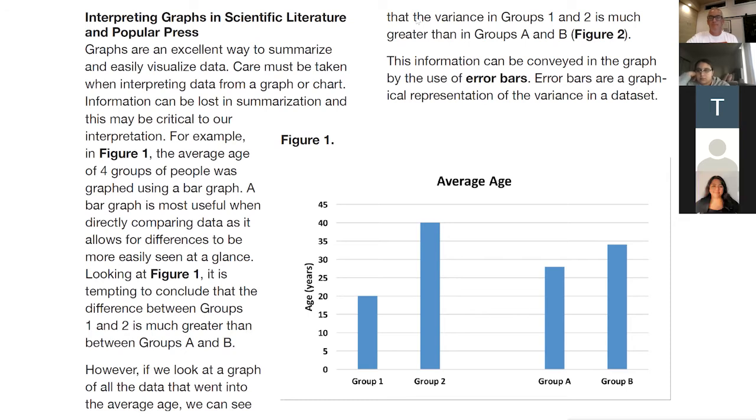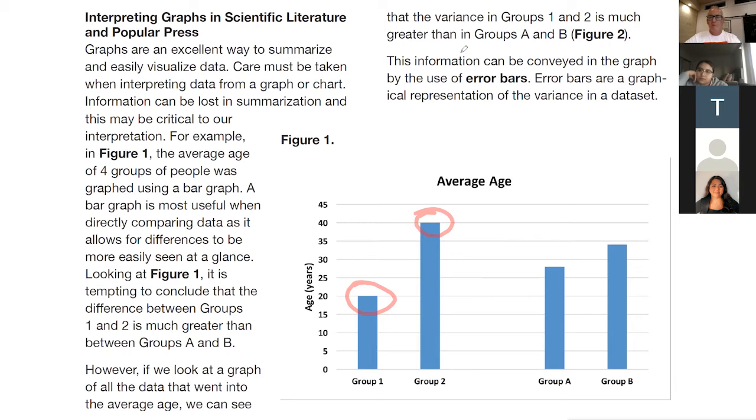1 and 2. Clearly, right? I mean, if you look at that data, the way it's presented, there's clearly a difference. The average of group 1 is 20 years. The average of group 2 is 40 years. That's twice as much. That's got to be different, right?